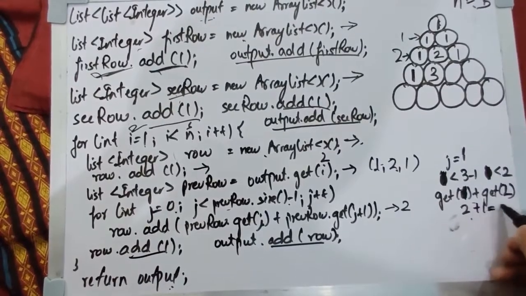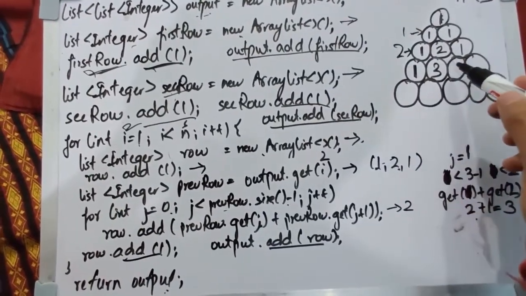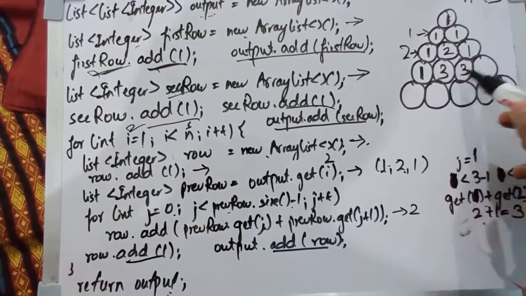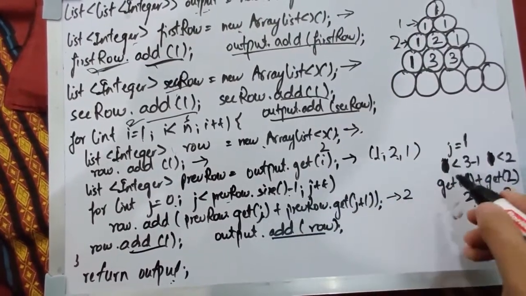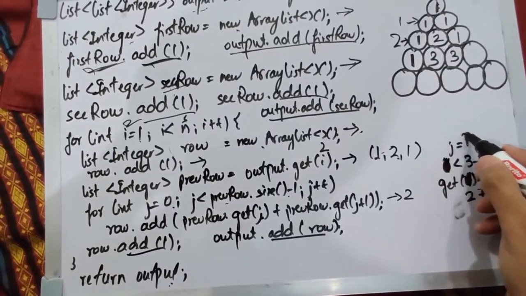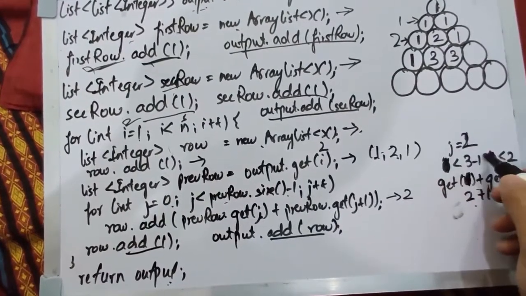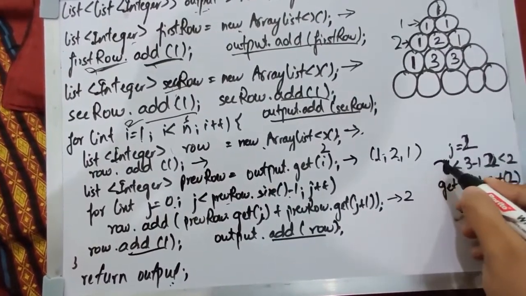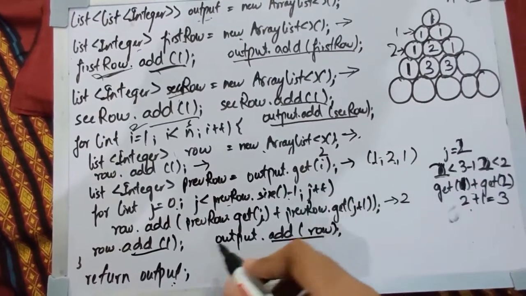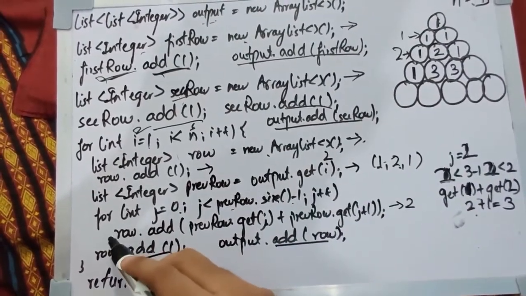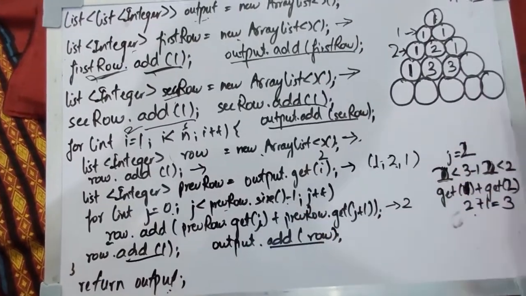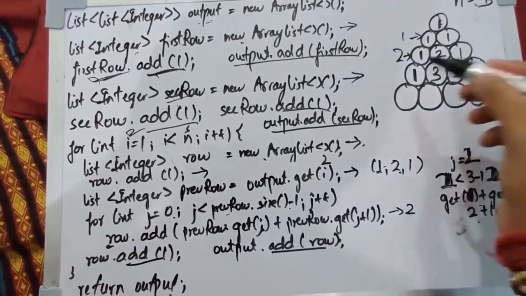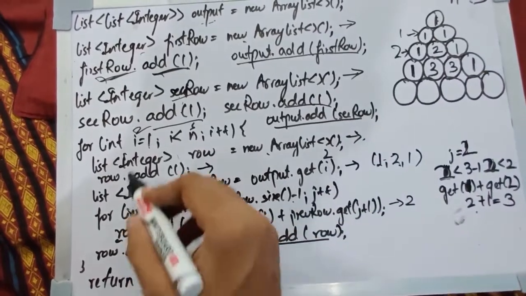So 2 plus 1 is again 3. So it will write down 3 here, and the loop will again start. So now j equals 2, but 2 is not less than 2, so it will not do anything. It will come out of the for loop, which is still here. Now it will add the new element 1. This is done. So now again the loop will start.